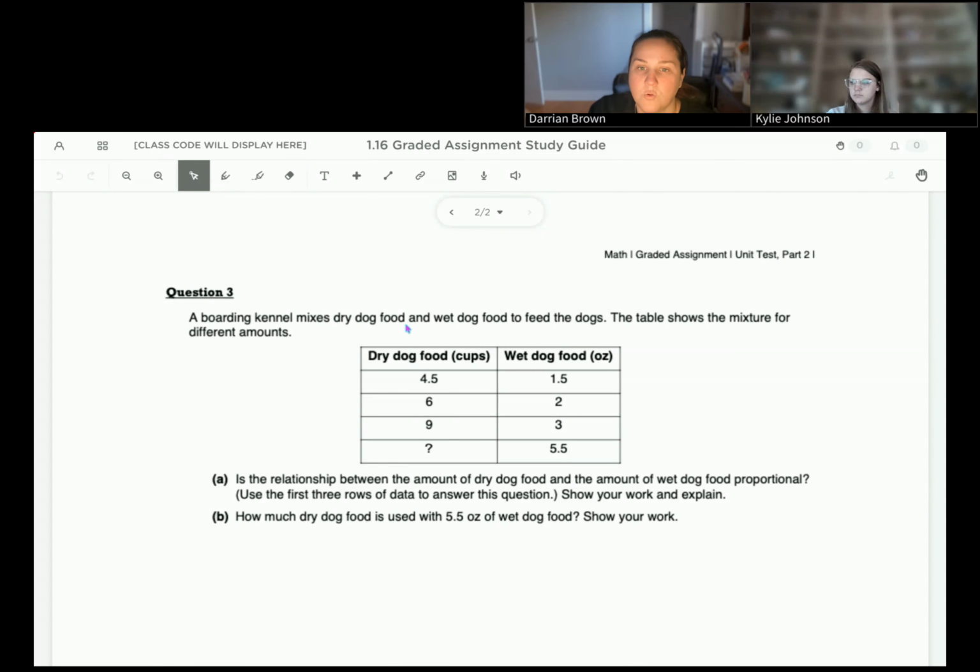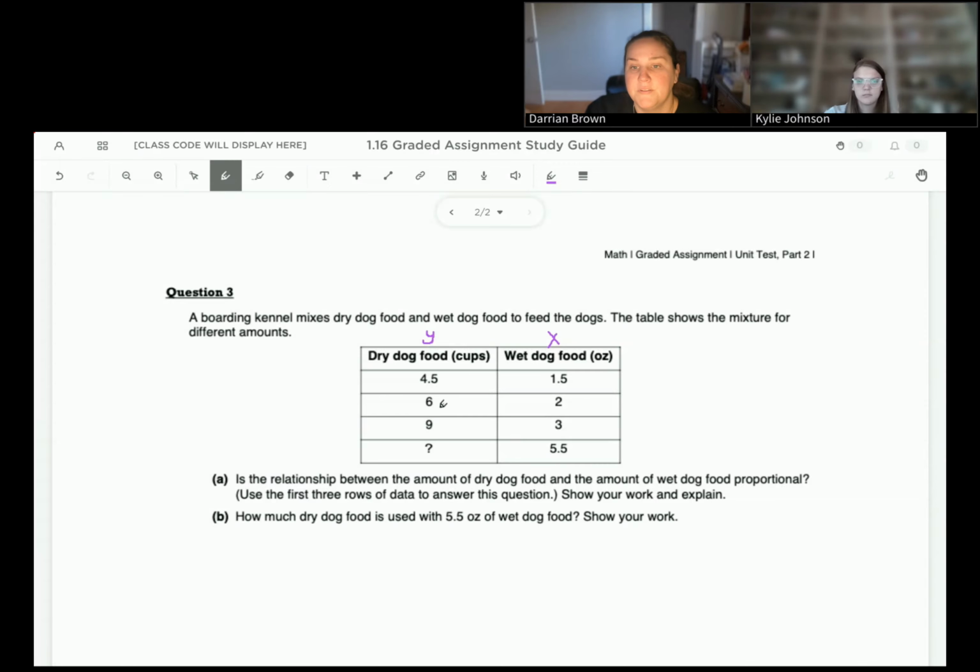Your Y is going to be the dry dog food, and the wet dog food is your X. However, it does not really matter if you didn't know that and you swapped these up, and you put X on one side, Y on the other side, and worked it out in the same way that I work it out, you will still get the same answer for part B.